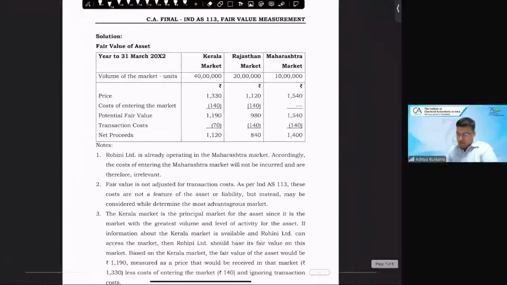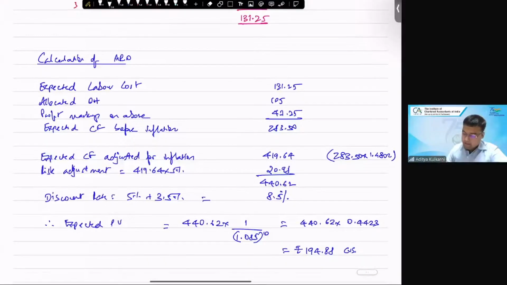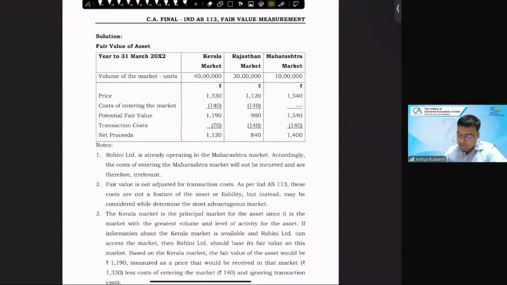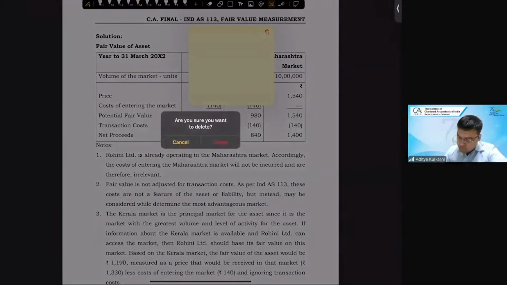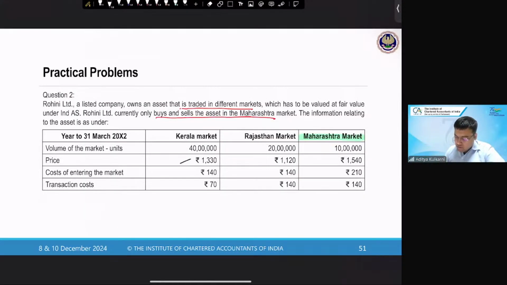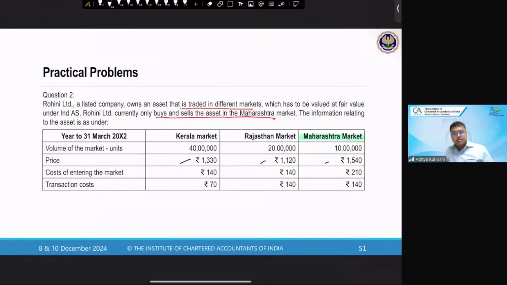Now, if I look at the markets, I have Kerala, Rajasthan, Maharashtra. Price 1,330, 1,120, 1,540. Cost of entering the market, that means the transportation cost, is 140, 140.